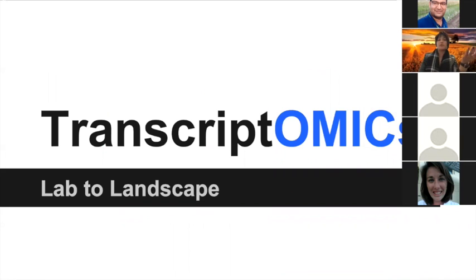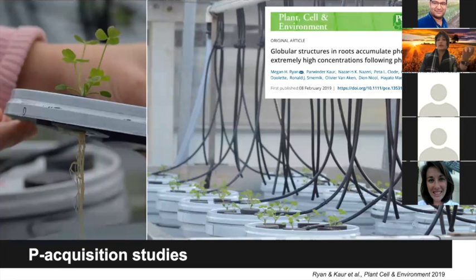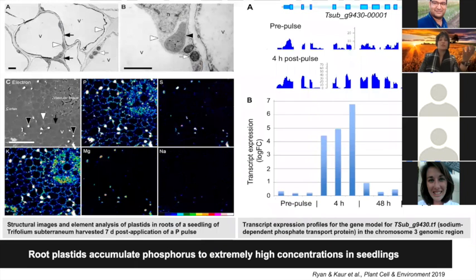In a similar way, we do a lot of transcriptomics, which is the study of the RNA. I've got the papers in here, so please feel free to read the full article so that you can develop an understanding. But we did a lot of gene network analysis for phosphorus acquisition studies. We use hydroponic system for that. We also used electron microscopes.